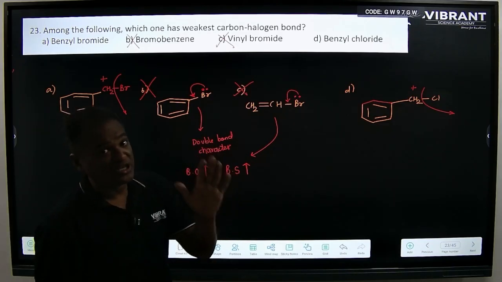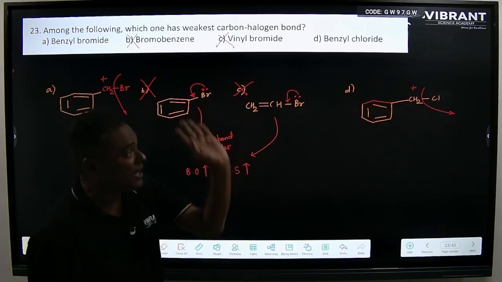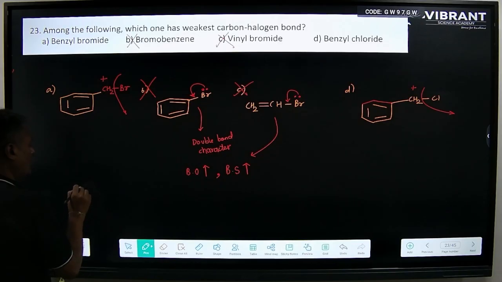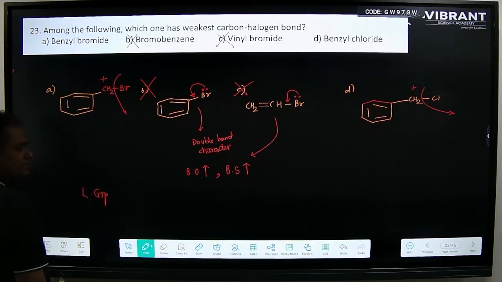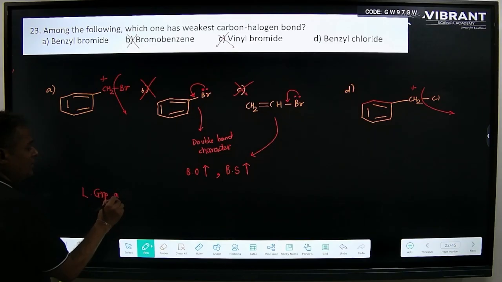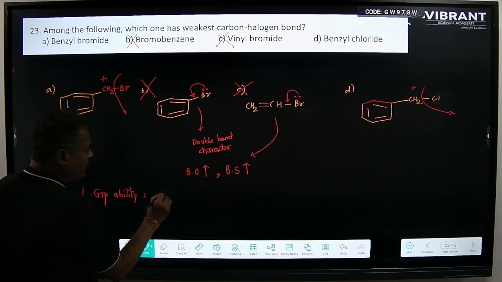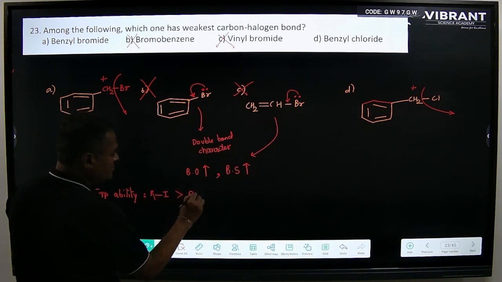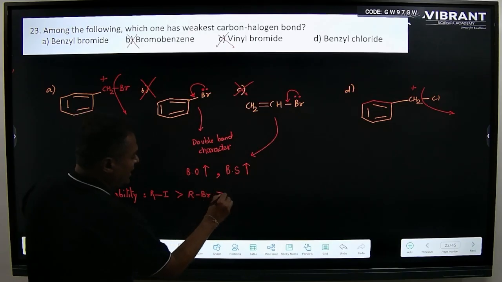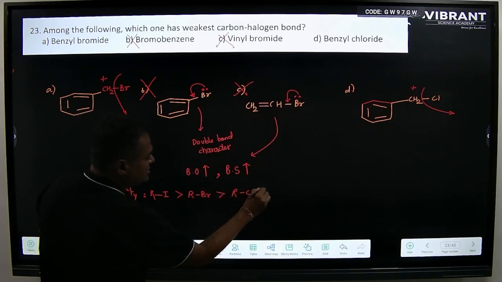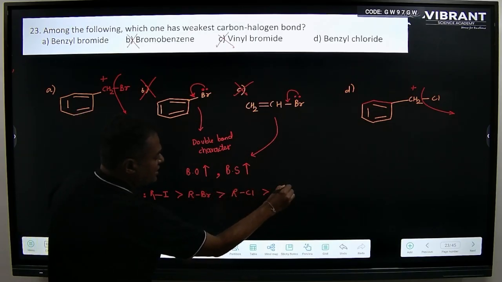That means both these compounds can undergo breaking easily, but again in that also one more concept comes, which is leaving group ability. Now, in case of leaving group ability, child, I have told you already: iodides are more reactive than bromides, bromides are more reactive than chlorides, and chlorides are more reactive than fluorides.